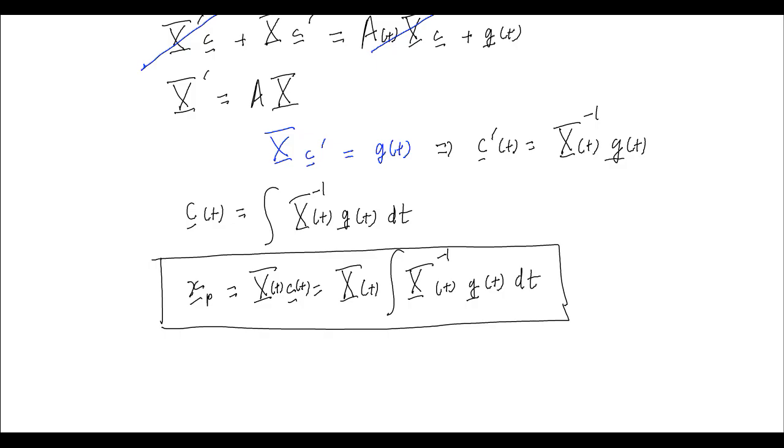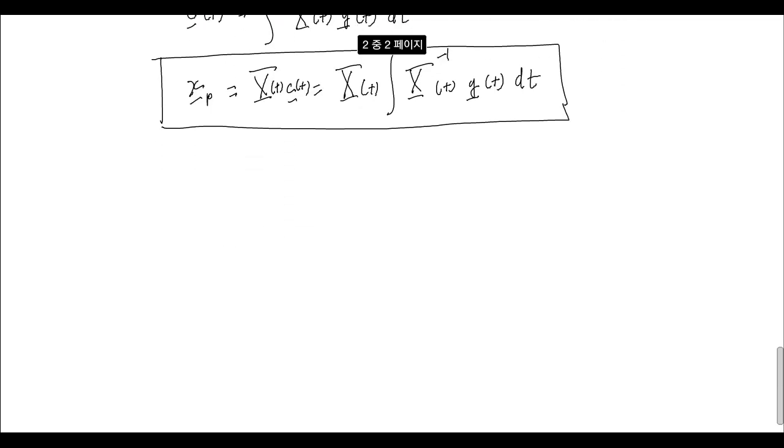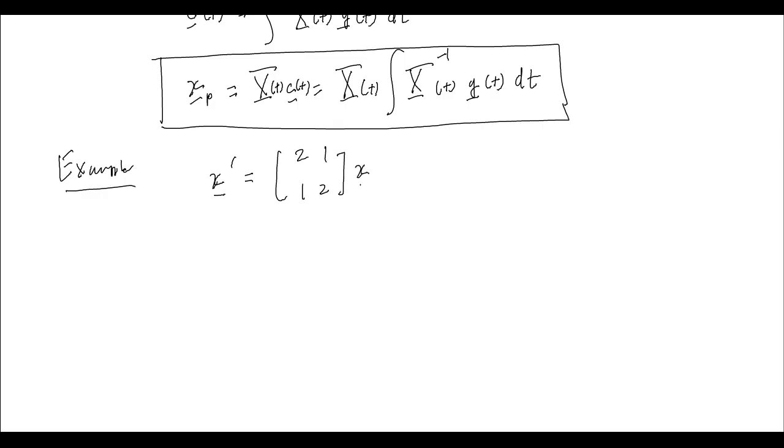Now let's solve the same example with this method. Here again, x prime is (2, 1; 1, 2) x plus (cosine t, sine t). You know how to get the fundamental matrix. If you find that, you will get e to the 3t, e to the t, e to the 3t, minus e to the t.